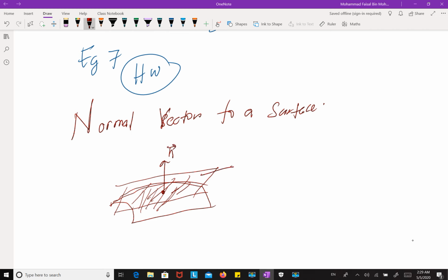So as I put this, z equals f(x,y), flat surface, and the bottom one is non-flat surface. So again, a normal n to a flat surface is a vector which is perpendicular to the surface.